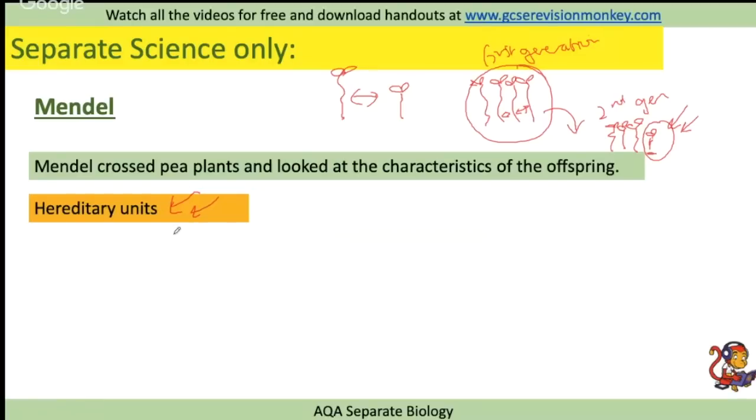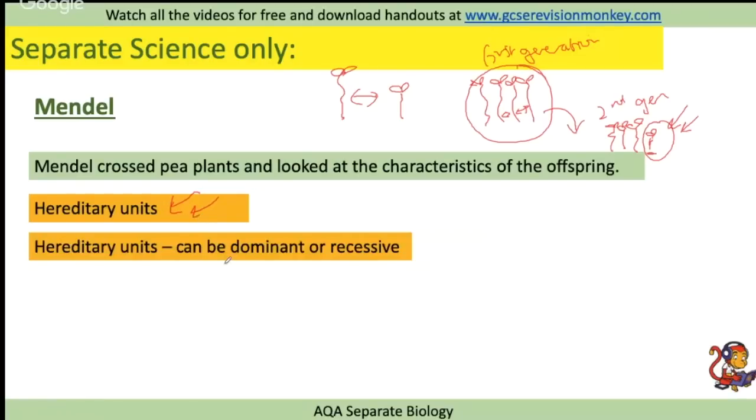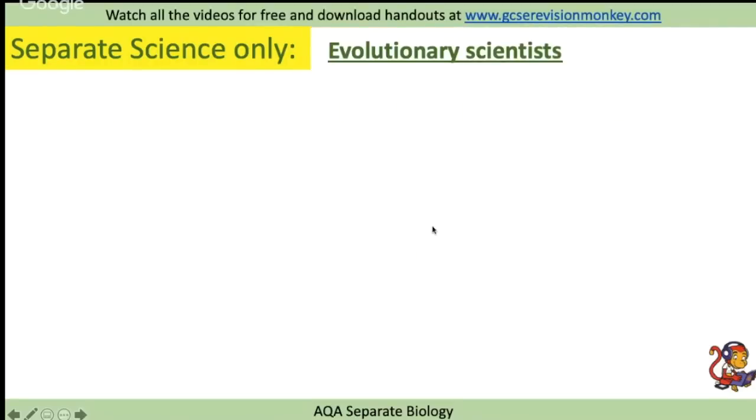So he just called them hereditary units, and he said that they can be dominant or recessive. So he was very much half of the way there in terms of genetics. He just didn't know about the genes and the alleles that were causing these recessive and dominant traits to be passed down.